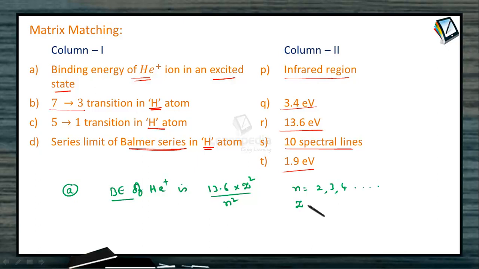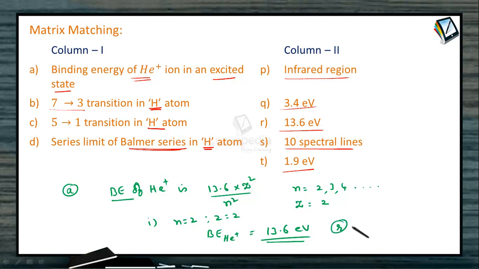And Z for helium ion is nothing but 2. Case 1: if N is equal to 2 and Z is 2, then since we have Z square by N square, this gets cancelled and we get binding energy as 13.6 electron volts.